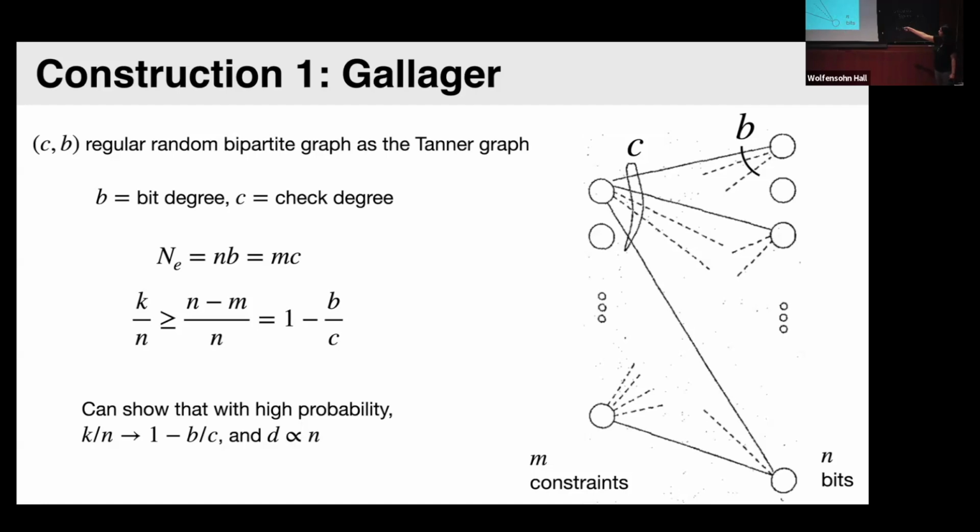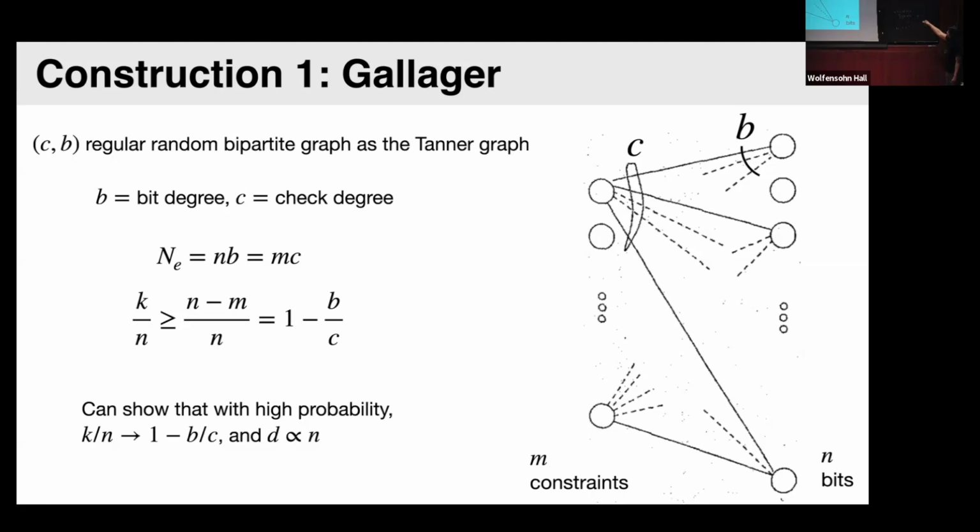What regular refers to is that the degree of these constraint nodes is said to be c, which tells you that every constraint acts on c bits. Likewise, the degree of these bit nodes is said to be b, which tells you that every bit is acted upon by b constraints. That's what's encoded here.